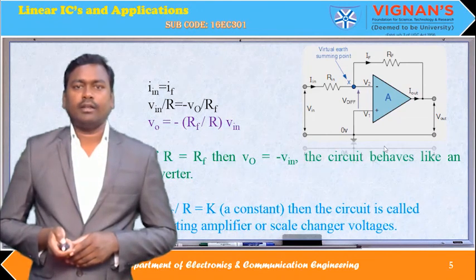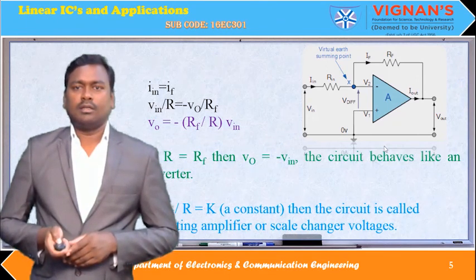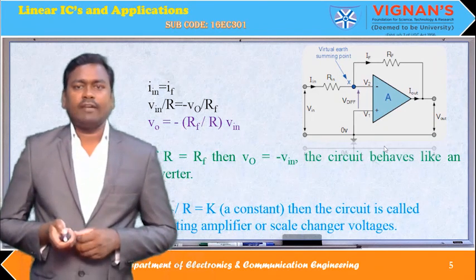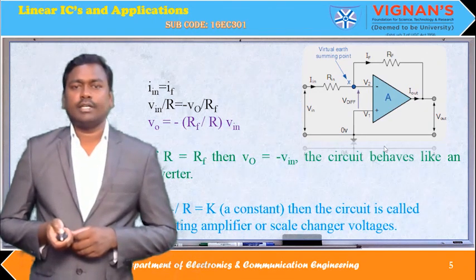If R is equivalent to RF, then V0 equal to minus Vin. So, the circuit behaves like an inverter. If RF by R is some constant K, then the circuit is called inverting amplifier or scale changer of voltages.